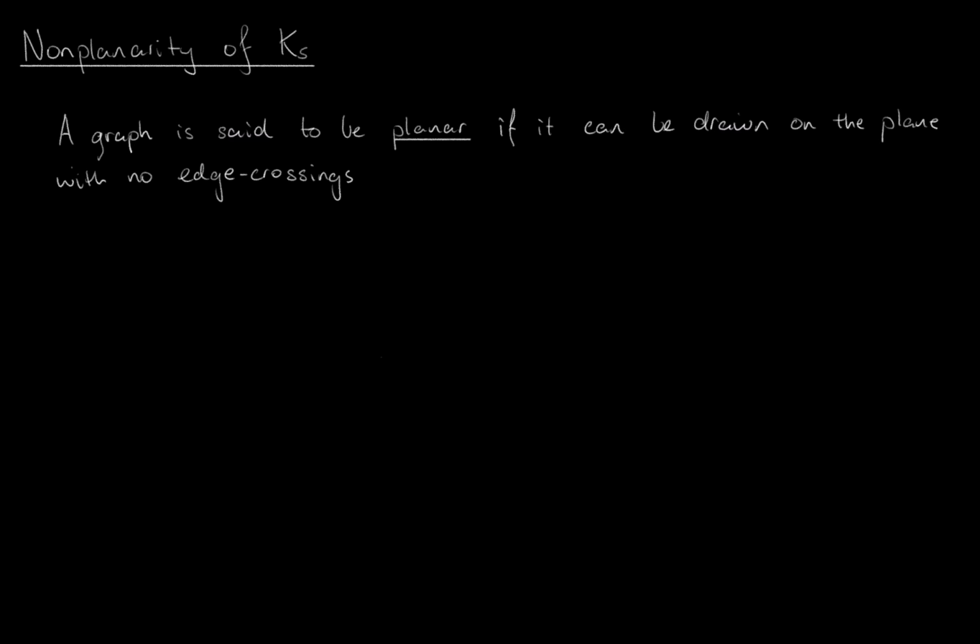So if you start with a graph, we call it a planar graph if it's possible for that graph to be drawn on the plane, typically we think of the plane as R2, with no edge crossings.